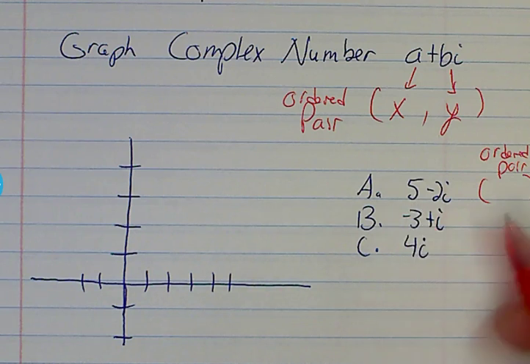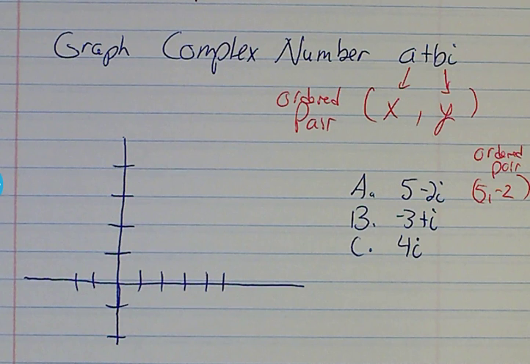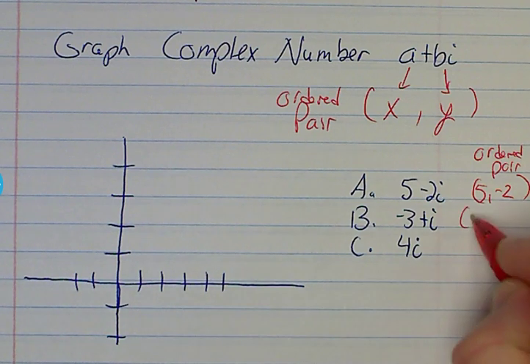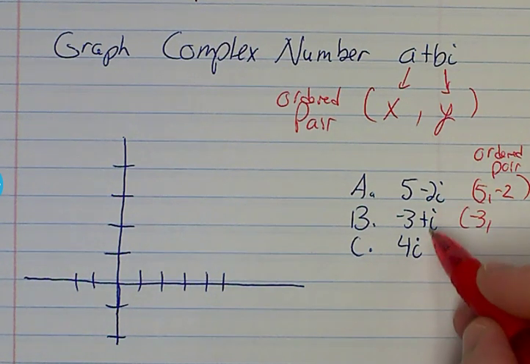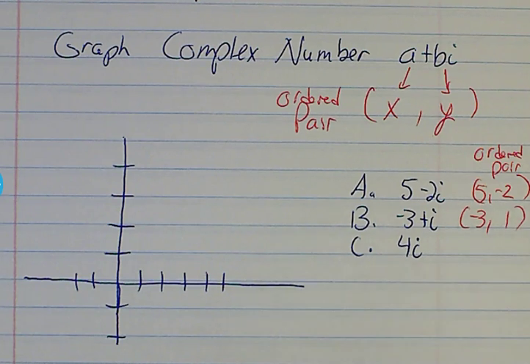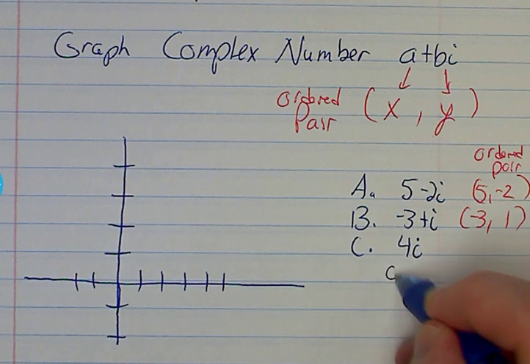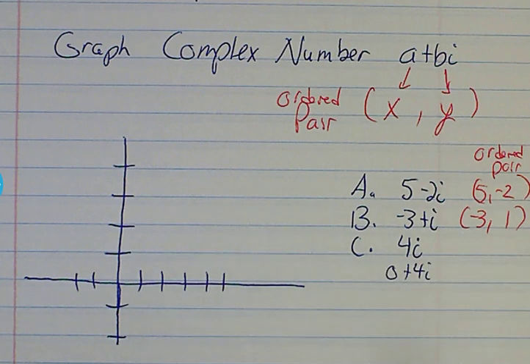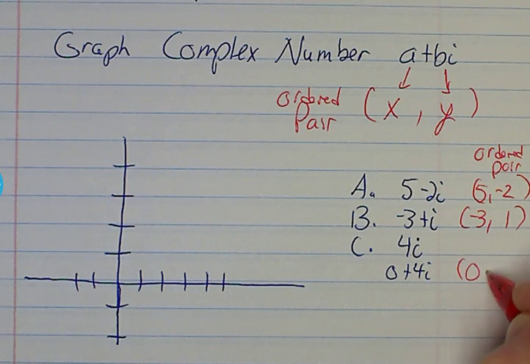As long as you put the real number first, that 5, negative 2, is your ordered pair. This one would be negative 3, and you have one i, so that would be negative 3, 1. For the 4i, really it's 0 plus 4i because there's no real number there, so 0 is a placeholder. So for this one, it would be 0 and then 4.